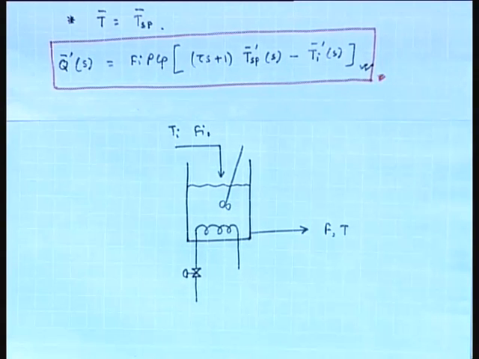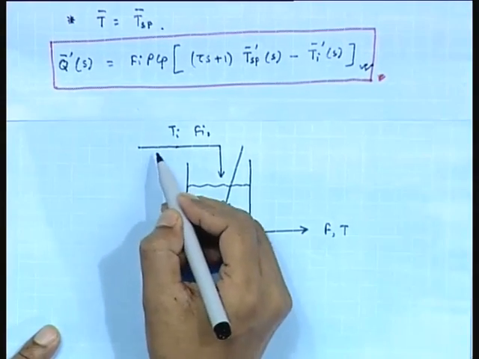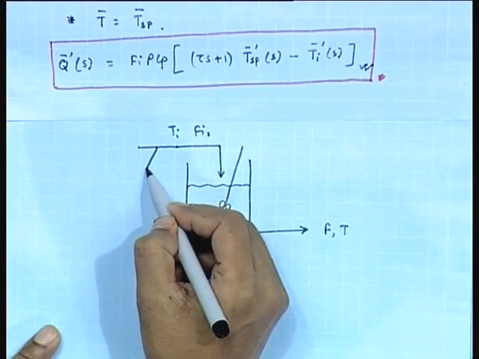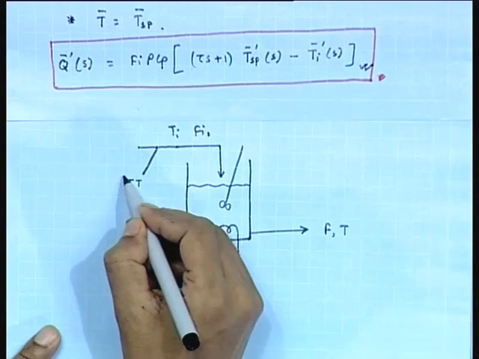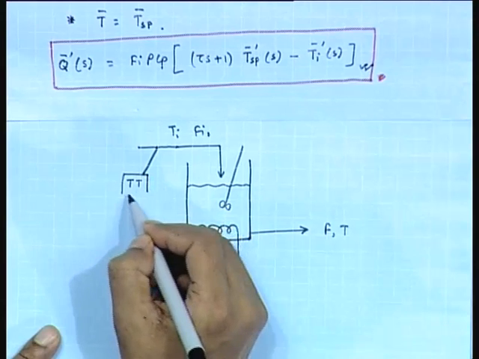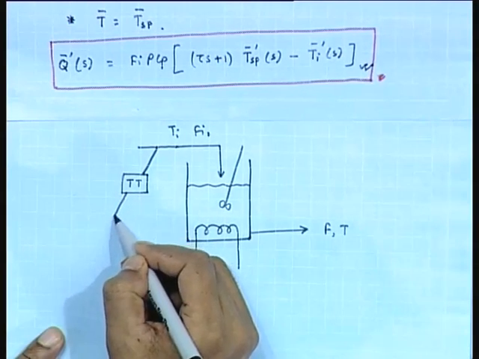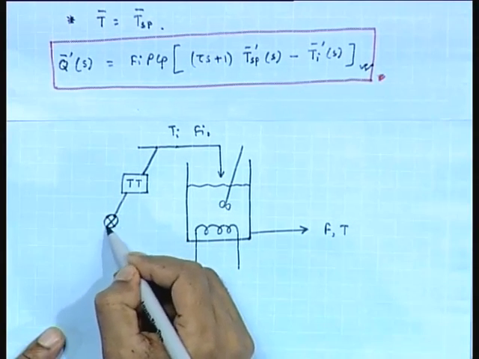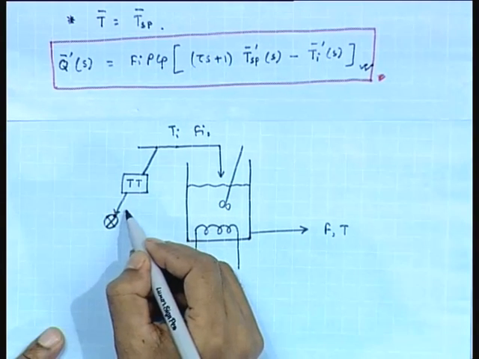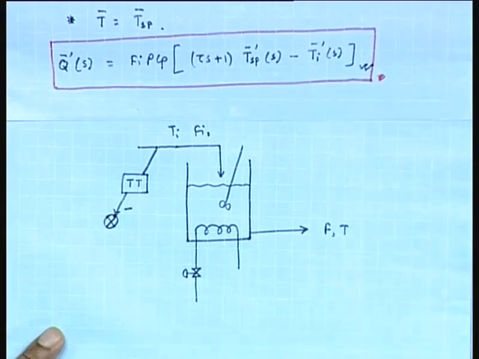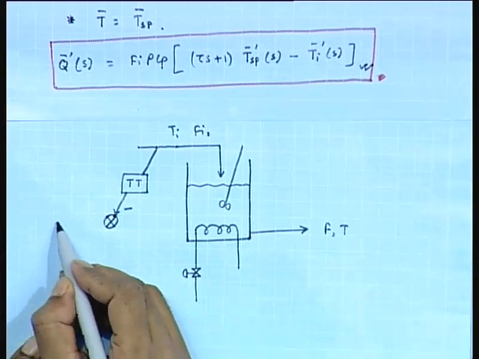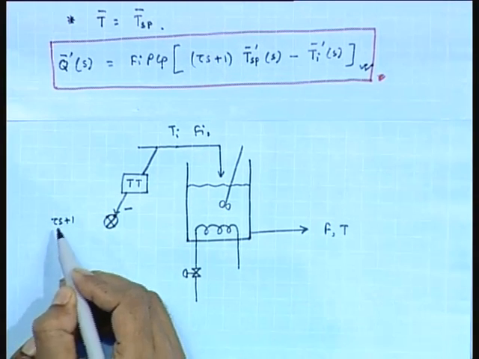Fine. In the feed forward control scheme, the disturbance is measured. Here disturbance is T I. So, we can measure this T I using one temperature measuring device. Then this T I is compared with the set point value.